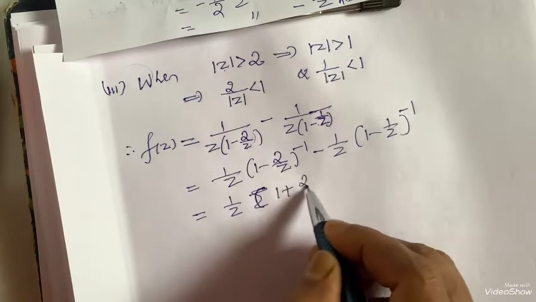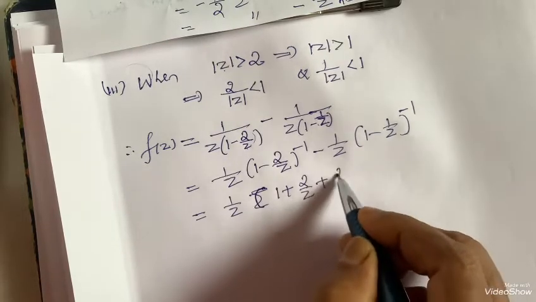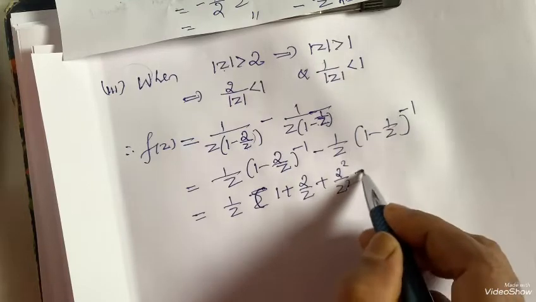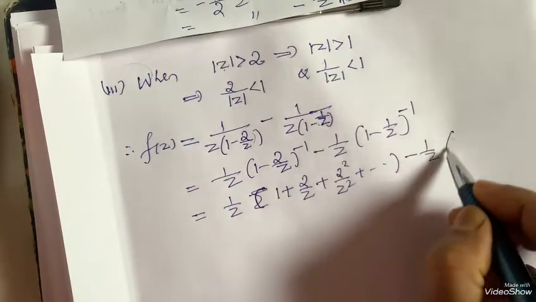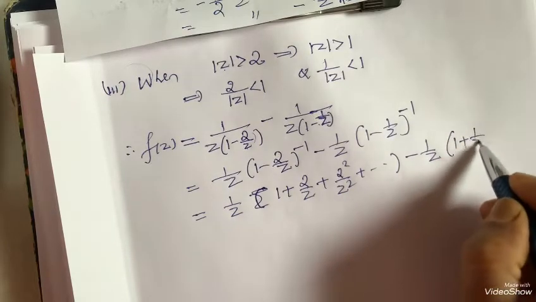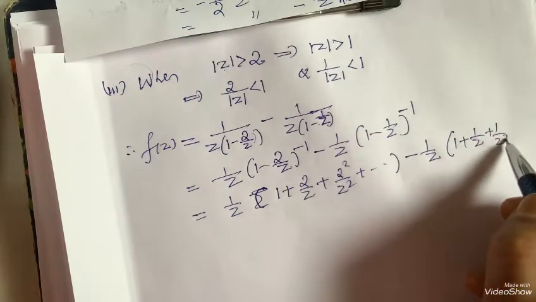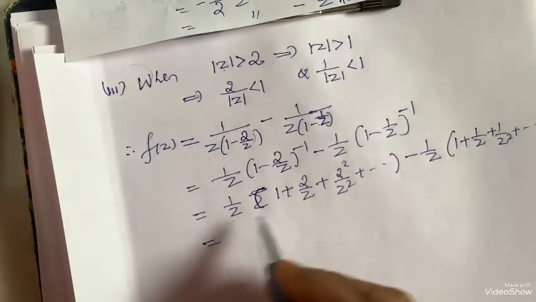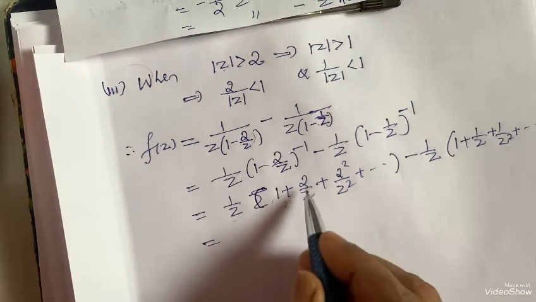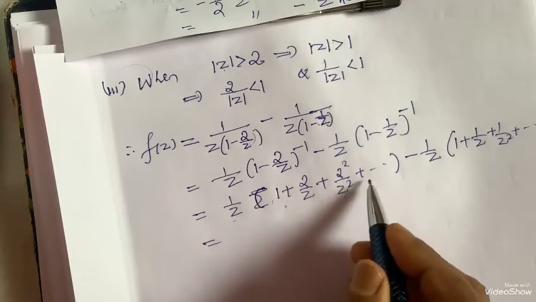1 plus 2 by z plus 2 square upon z square plus and so on, minus 1 upon z, 1 plus 1 by z plus 1 upon z square plus and so on. Okay, so this z, if you bring it inside, it is 1 by z plus 2 by z square plus 2 square by z cube and so on.